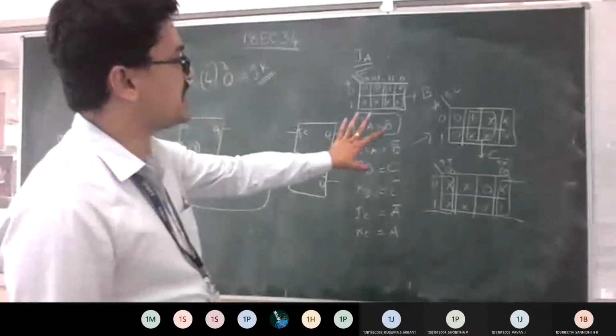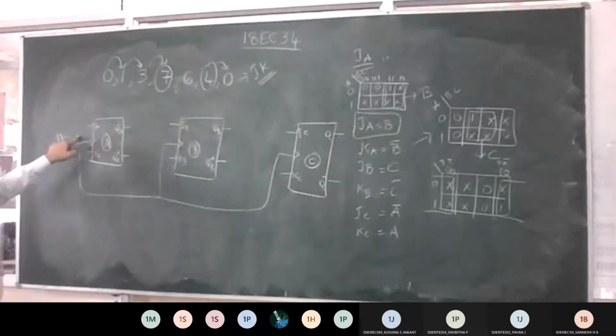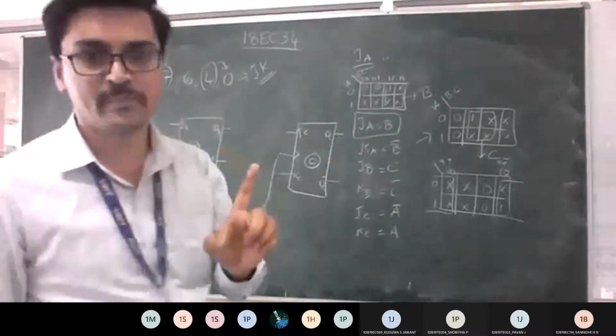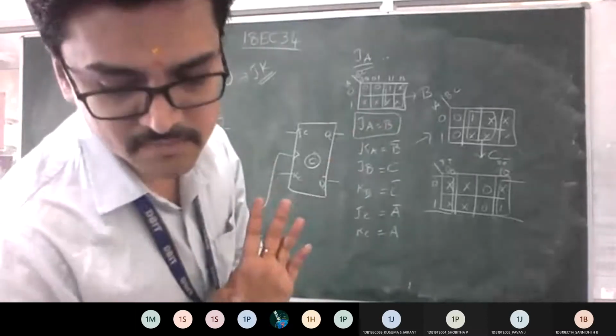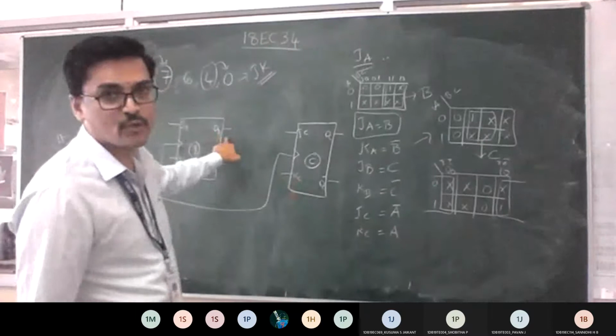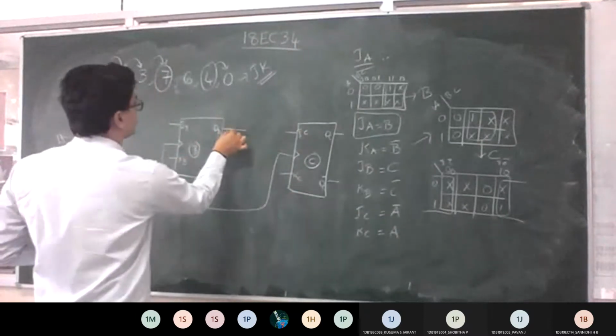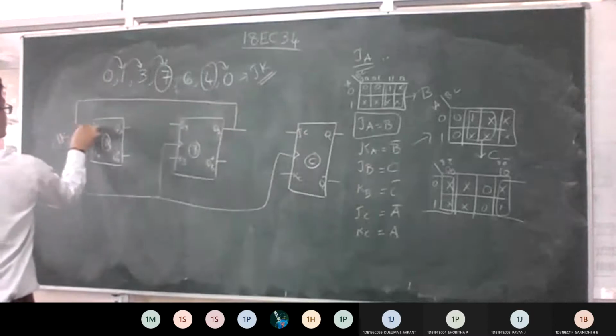So you claim JA is equal to B. So where is JA? It's here. So where is B? I already told you B is nothing but the output of flip-flop B. Good. So you can claim QB itself as your first one, JA. So I can connect this in this way.